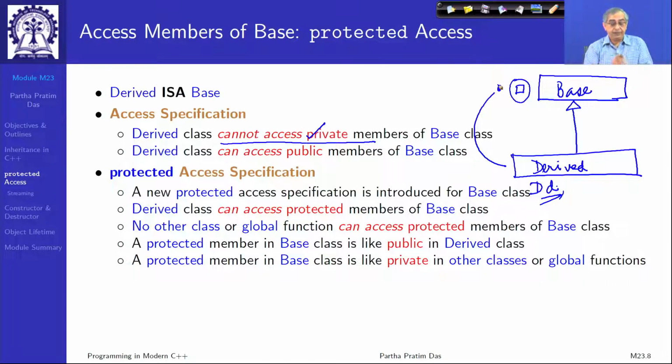So, we have to stick to that. If that member is public, then the object of the derived class or the derived class member functions would be able to access it, because everyone can access it, right. So, this will lead to a new challenge in terms of the encapsulation.